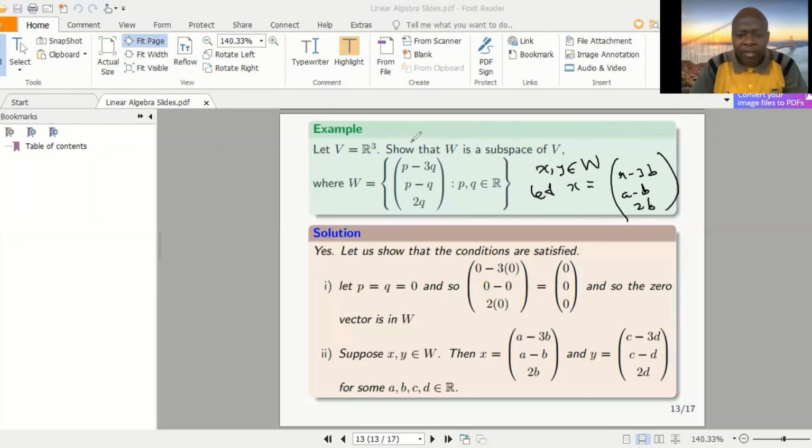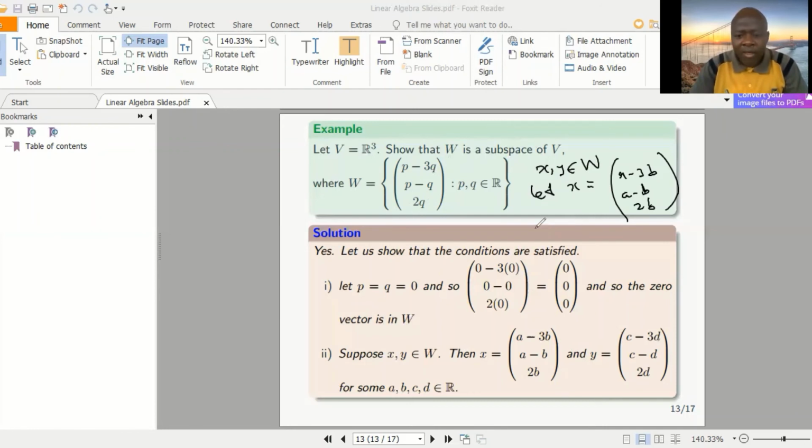I'm only changing the letters, so I do not use the same letters here, to avoid confusion. So I've used A instead of P, and I've used B instead of Q. And this is what I have.